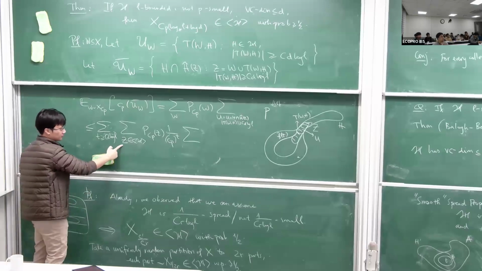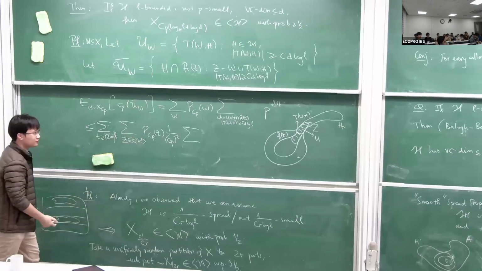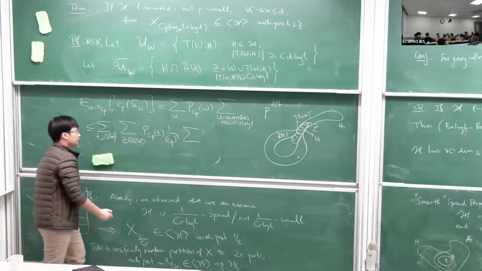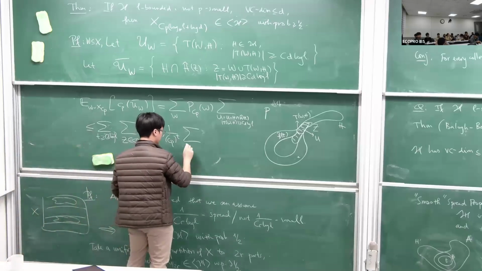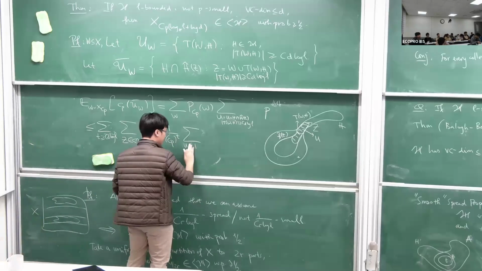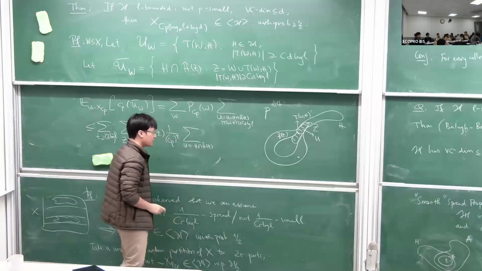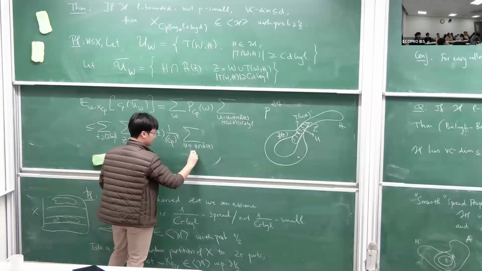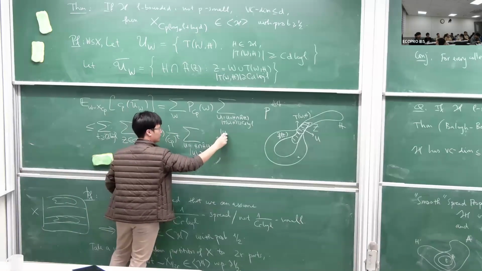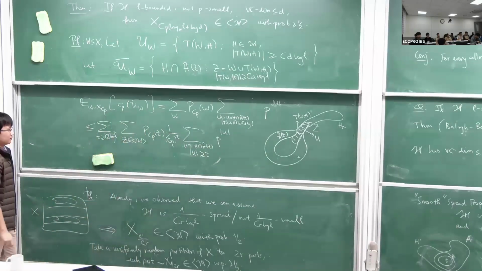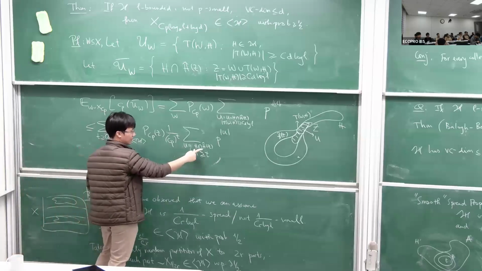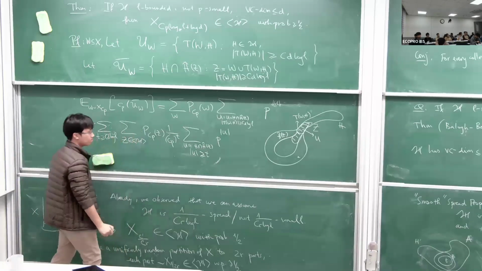Once I fix Z, I know what is the set H hat of Z. So I'm summing here, in Z, all of the sets U that can be written in the form H intersected with H hat of Z with size at least T. And I have P to the U. Every U that can be written in this form of size at least T.